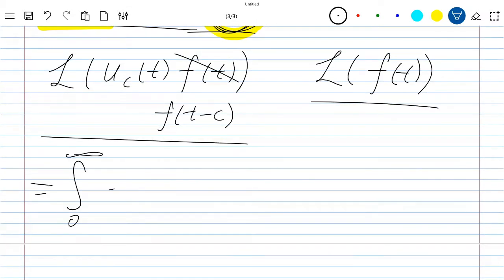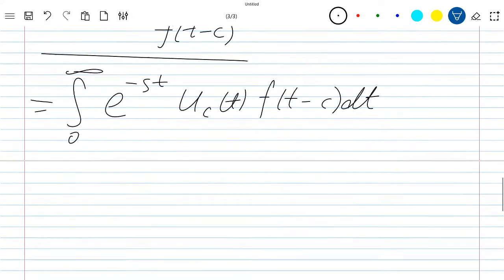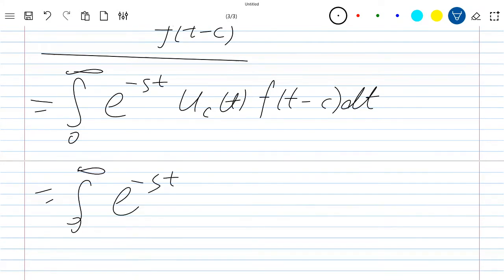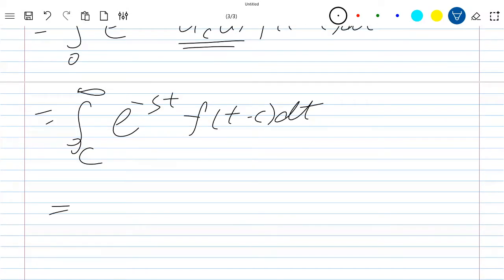This will be e to the negative sc, then you have u_c f of t minus c, and then you have e to the negative st, and this means it's nothing below c. So you have integral from c, then you have f of t minus c. Right? Then we can just change a variable.